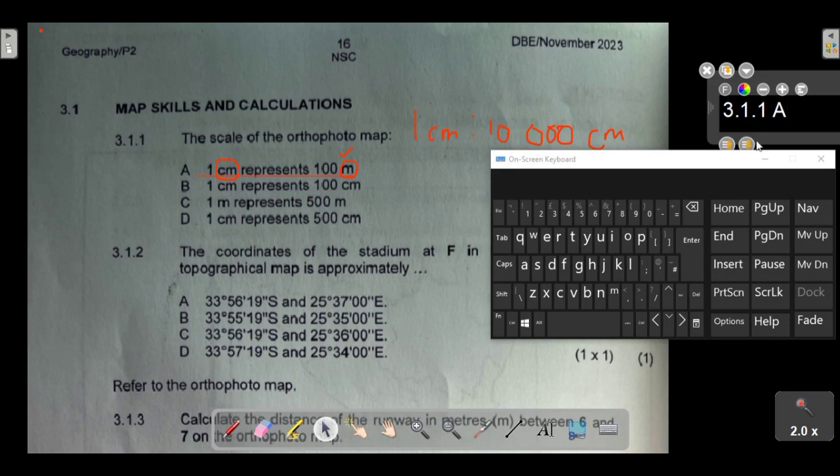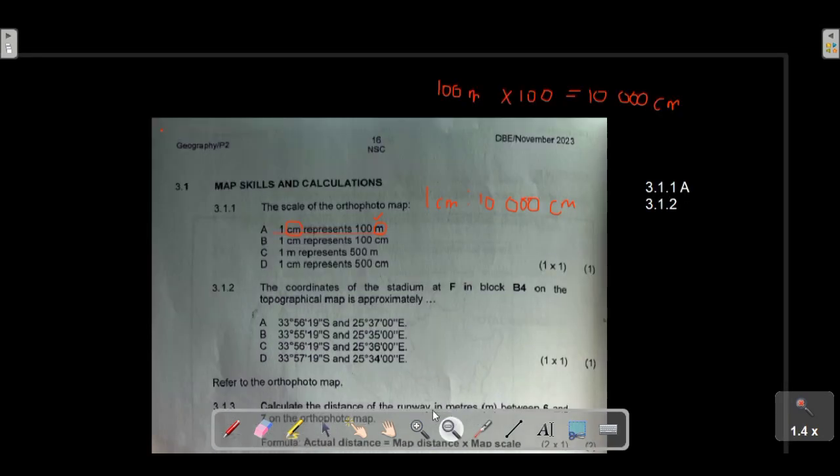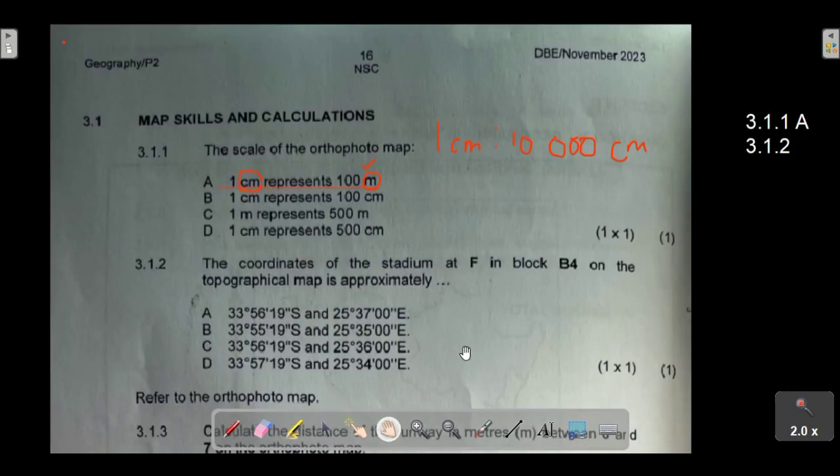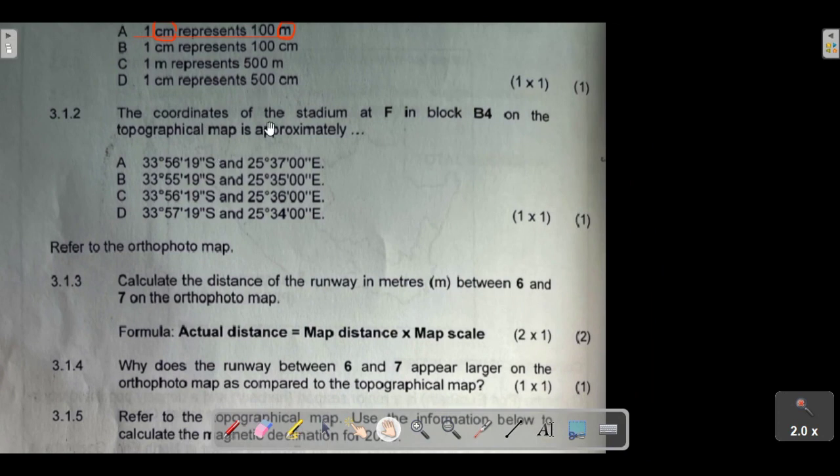Right, let's head on to the next one, 3.1.2. Zoom in again. So 3.1.2 says the coordinates of the stadium at F in block B4 on the topographical map is approximately.